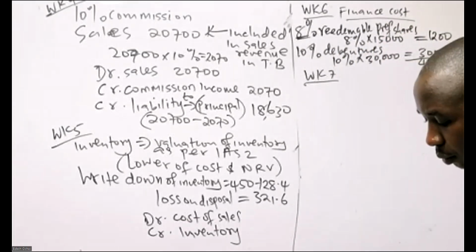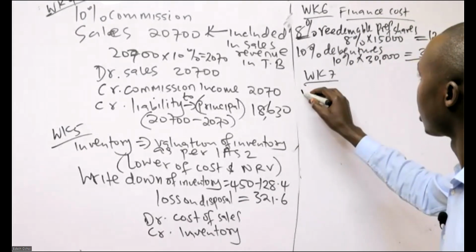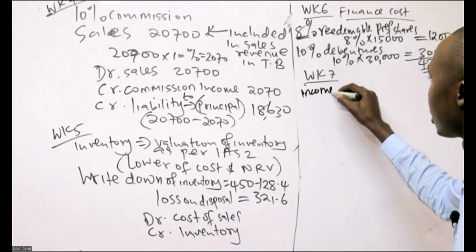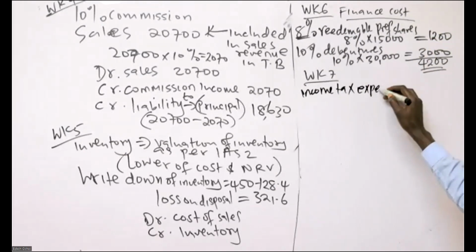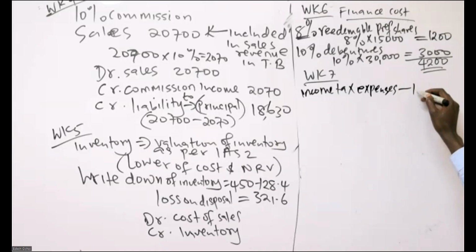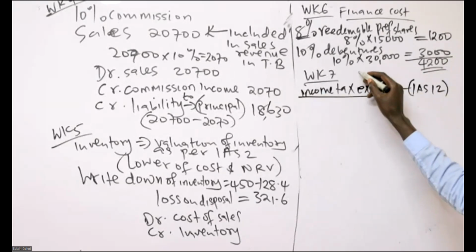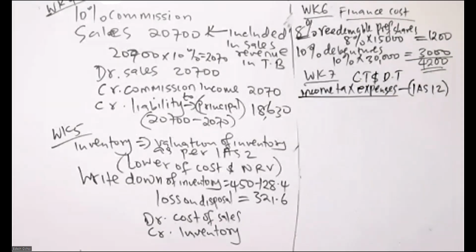So what do we do here? The income tax expense. According to International Accounting Standard 12, we always consider the current tax and deferred tax.